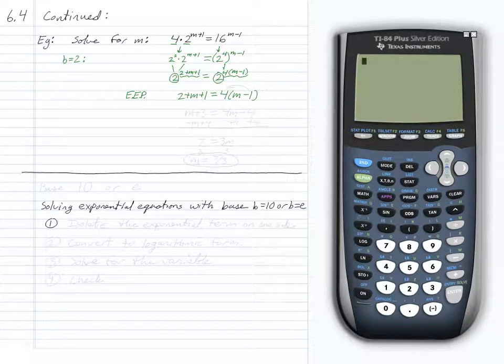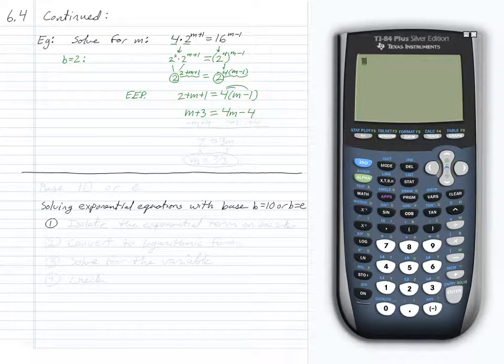And again, I'm left with a simple linear equation to solve. If I simplify the left-hand side, I see that m plus 3 is equal to... The simplified right-hand side will involve distributing the 4, and will give me 4m minus 4.